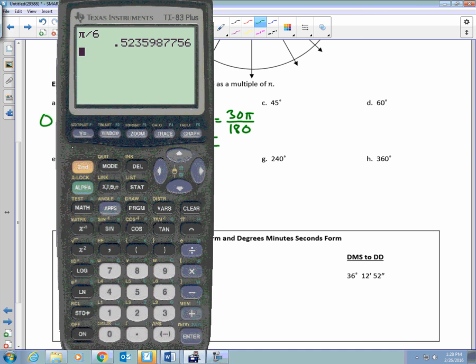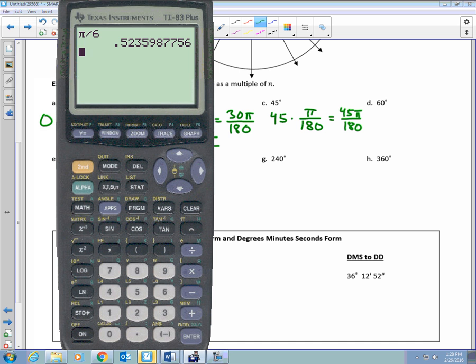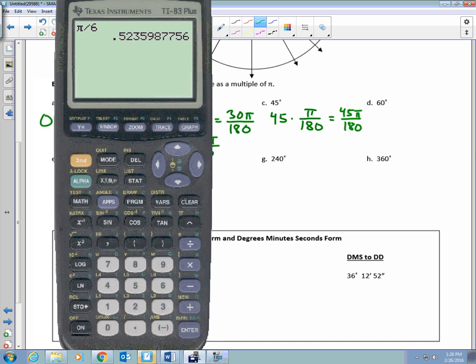Let's do 45 degrees. I would take 45 and multiply it by pi and divide by 180, or 45 pi over 180. Does 45 go into 180? Let me show you what you can do. First of all, 45 is divisible by 9, right?